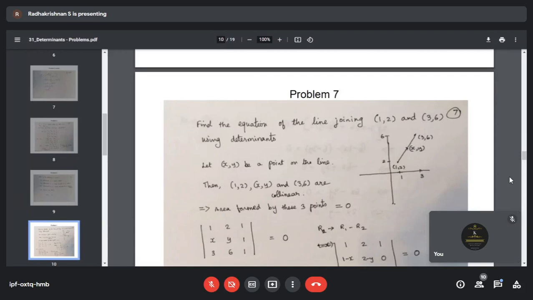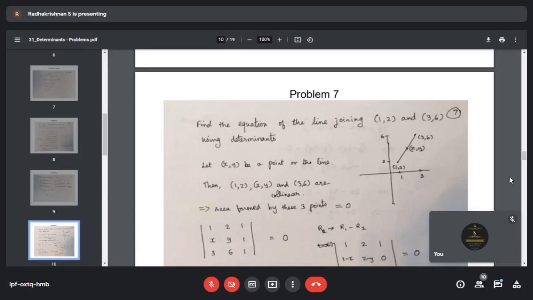Paneer Selvam, have you written it? Saravanan? Sir, I am getting y3 minus x3 is equal to 0. Okay, so you are trying. What about the others?